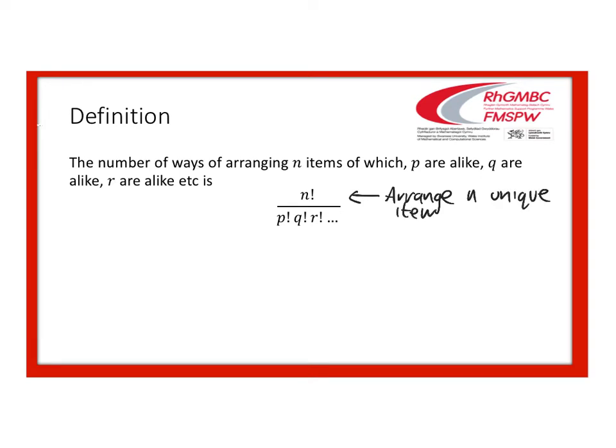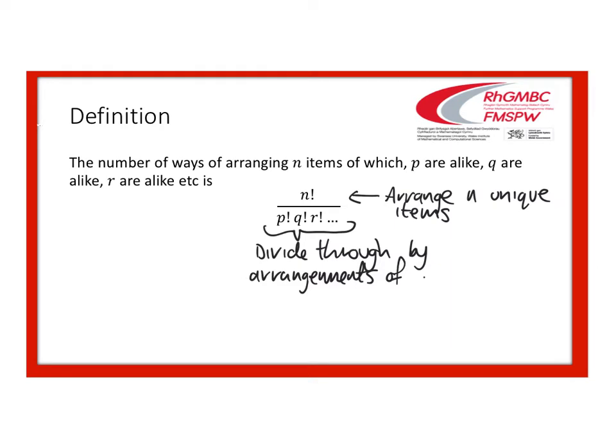So we consider that first of all, and then underneath we divide through by arrangements of repeated or duplicate, let's call it duplicate items, arrangements of duplicate objects.